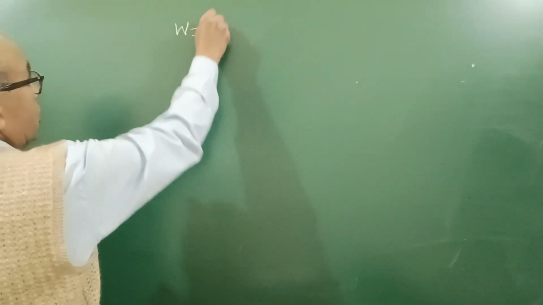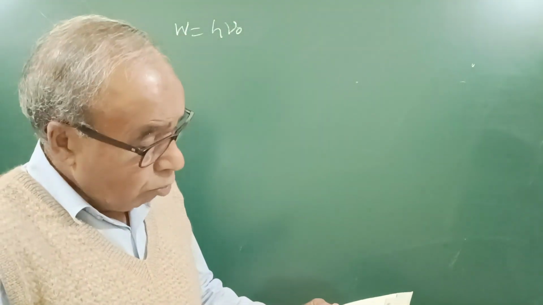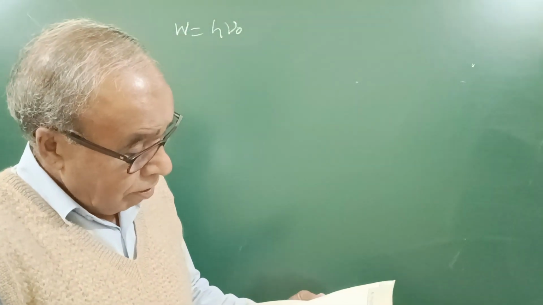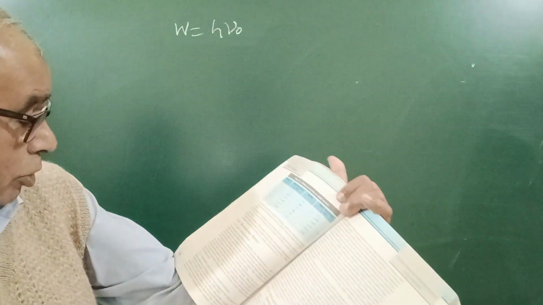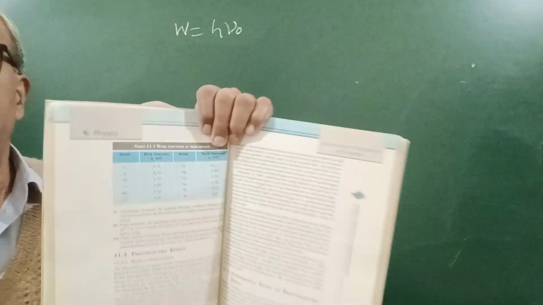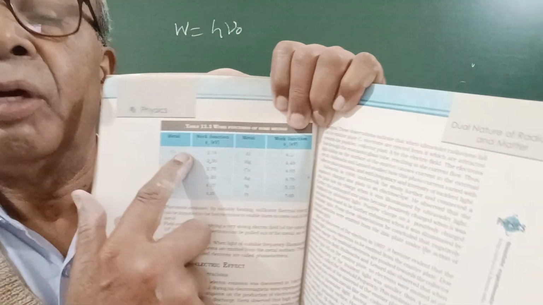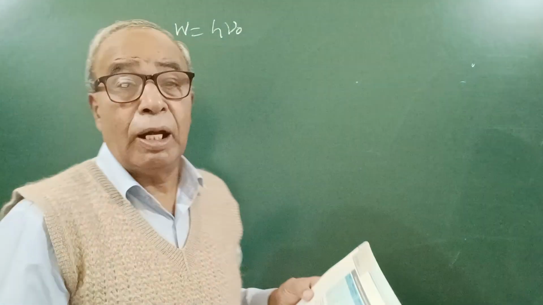W is equal to h nu 0. Here in our book there is a table on the work function of metals. Please see that also. In the NCERT book, it is on page 388. This table is there. You can see here metals and their work function in electron volts.